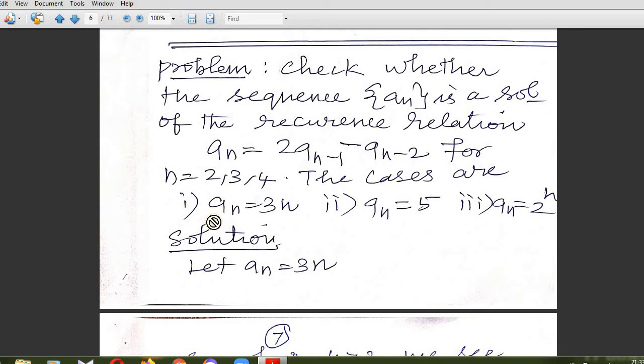Now we have to check whether a_n equals 3n is a solution, where for different n you will have different values. And the last problem: a_n equals 2 power n, whether that satisfies this recurrence relation or not. That is what we have to check.